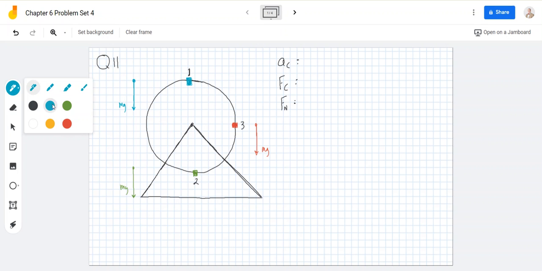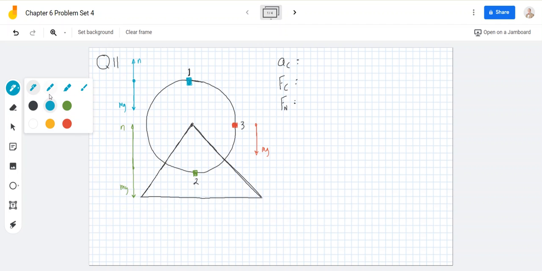So what does that mean? Well, that means for this guy down here, the normal force must be greater than the weight because the net unbalanced force needs to point toward the center. What does that mean for this guy here? That means that his normal force must be less than the weight because the unbalanced net force has to be toward the center.